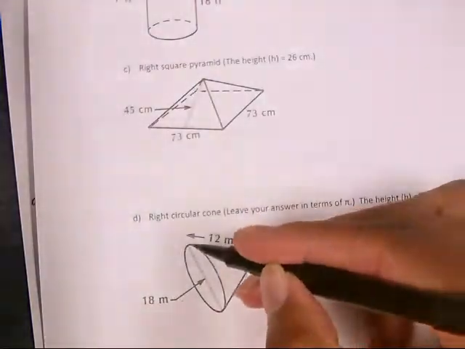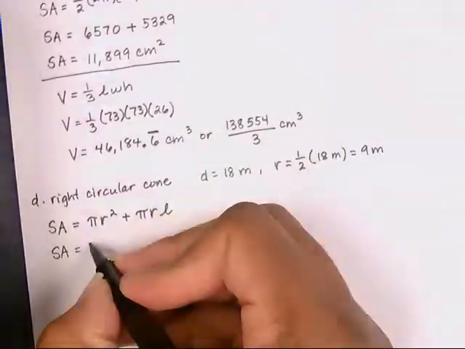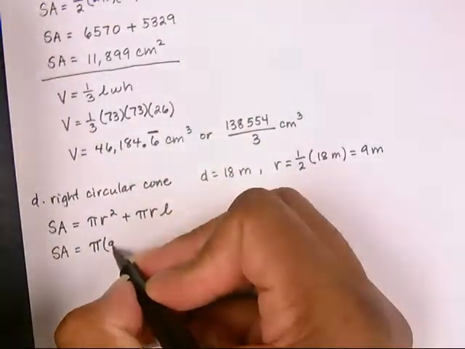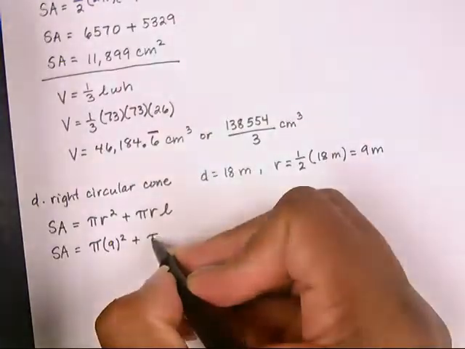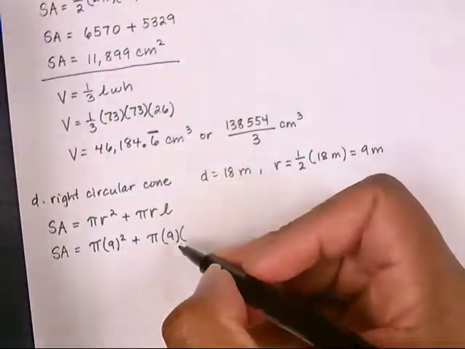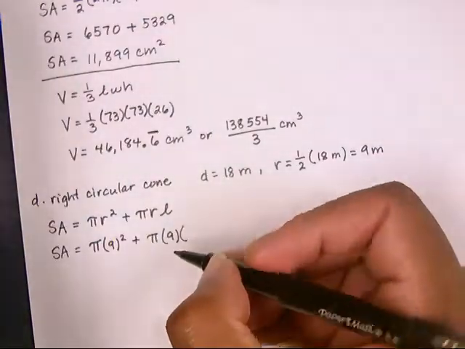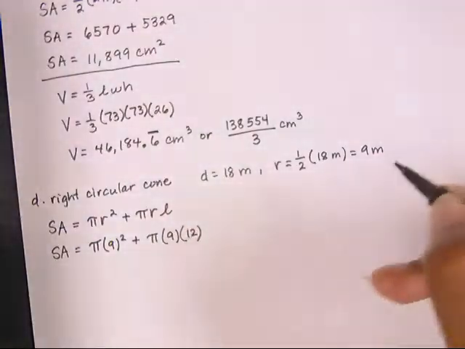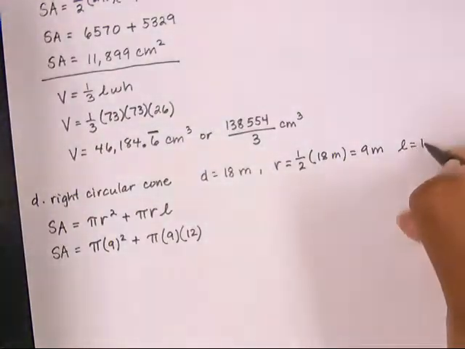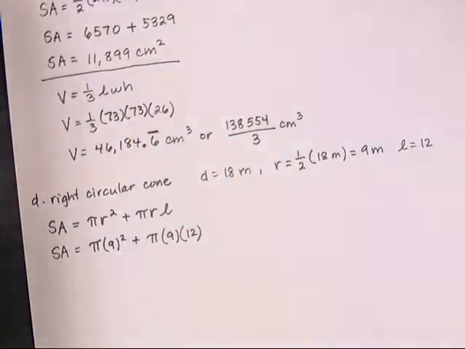That's the height that's on the face of that cone. So here we got pi times the radius, which is 9, and that's squared, plus pi times the radius again, that's 9, times that slant height, which was 12. And I'll go ahead and mention right here that L, that's the slant height, that's going to be 12.